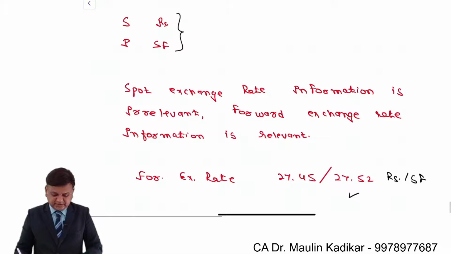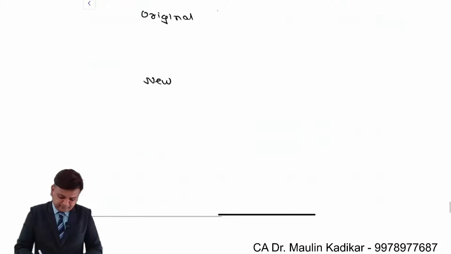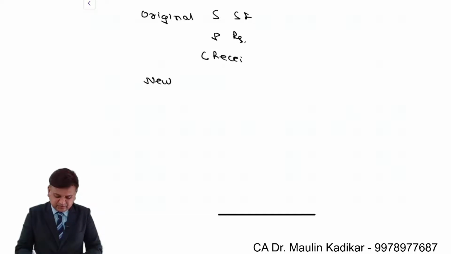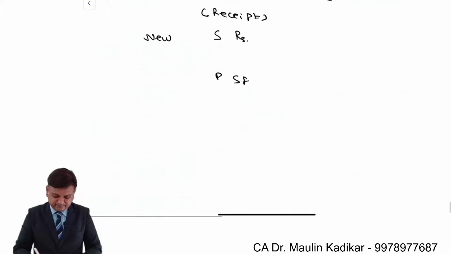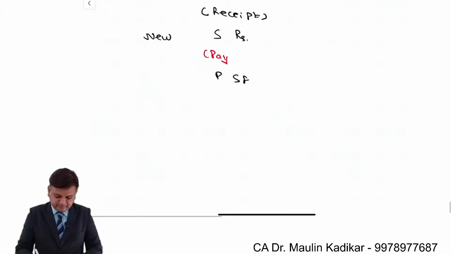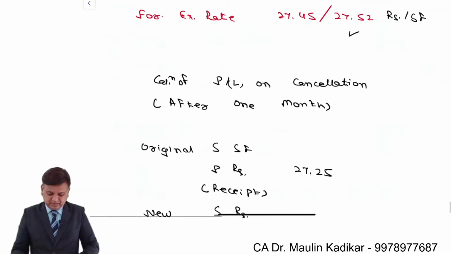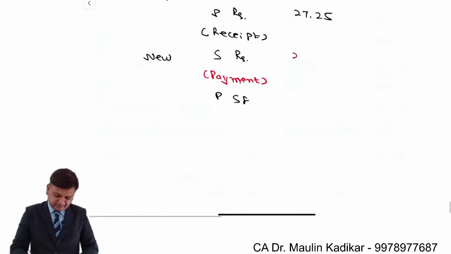The original forward contract is sale of Swiss franc and purchase of rupees. Purchase means received. So in the original you are going to receive 27.25. The new is sale of rupees and purchase of Swiss franc. Sale means payment, that is 27.52.